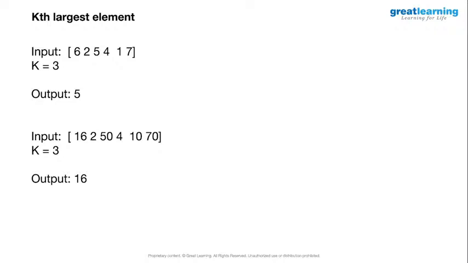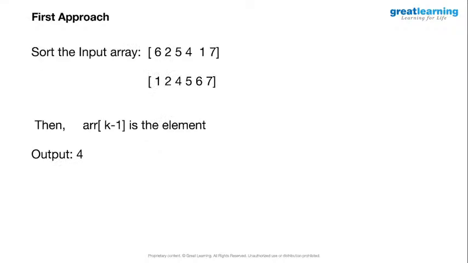You will be thinking, oh, I will sort it and I will get the index, right? That is the first approach, the naive approach, right? So if you sort this array, you will get 1, 2, 4, 5, 6, 7. Okay, so there is a misprint. What you will do after that, you will take the length of the array minus k.